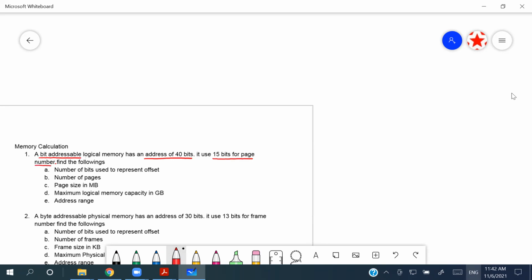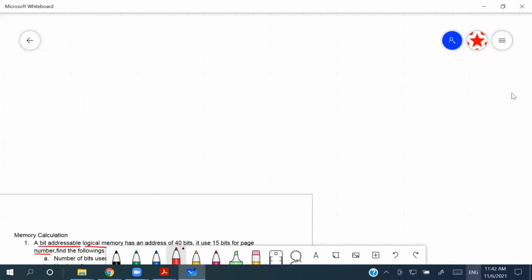Now, since this is a logical memory, the first thing you need to do is make a small sketch regarding this memory. Since this is a logical memory, we know there is a page number and an offset.